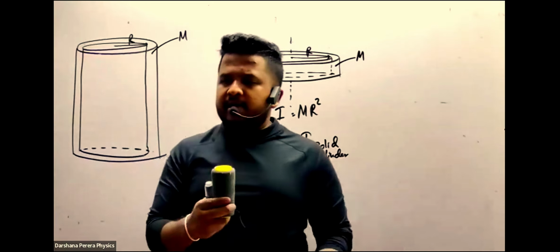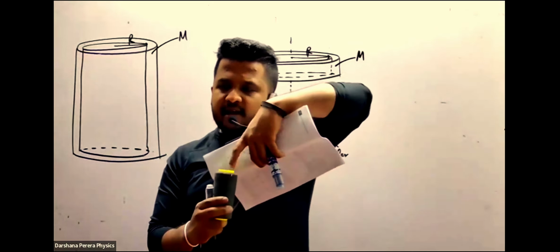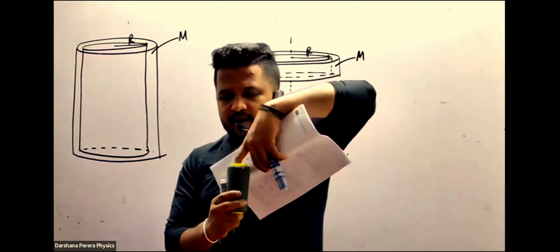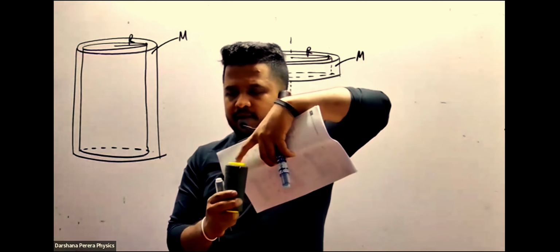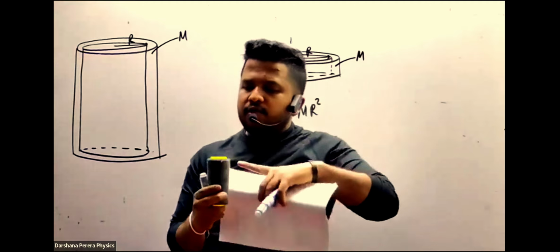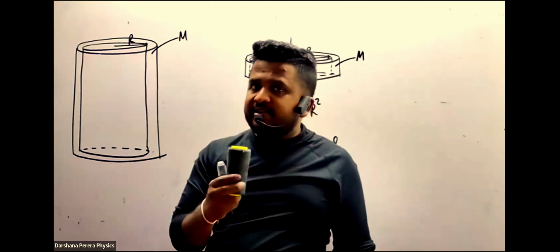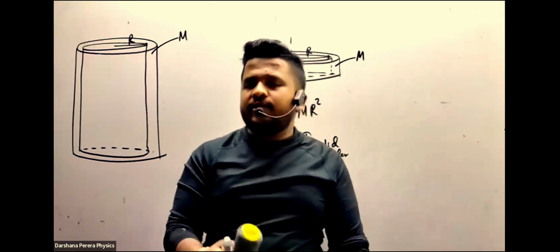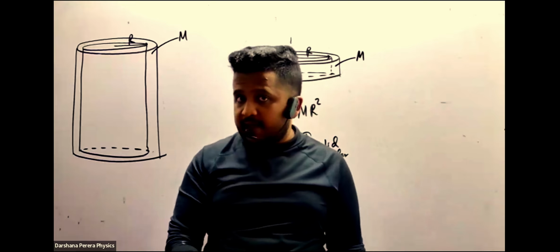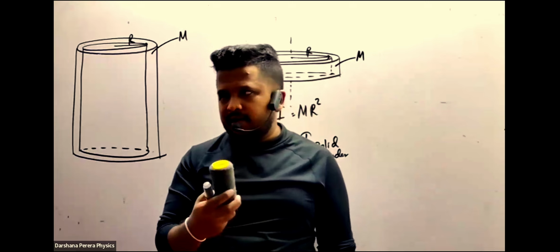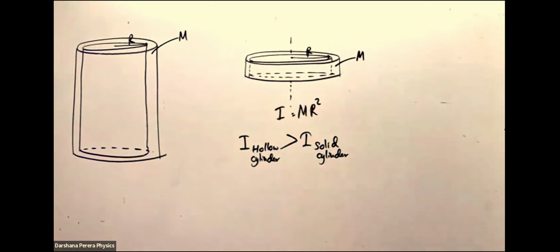We can simply say the masses are around the cylinder, so the distribution is around the cylinder. The mass distribution is higher than in the solid cylinder. You can simply tell that.